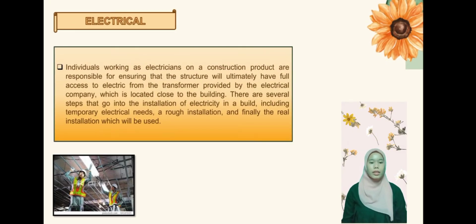Number 8 is electrical. Okay, individuals working as electricians on a construction project are responsible for ensuring that the structure will ultimately have full access to electricity from the transformer provided by the electrical company, which is located close to the building.